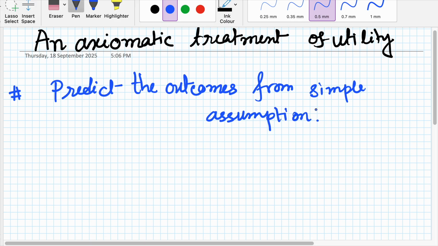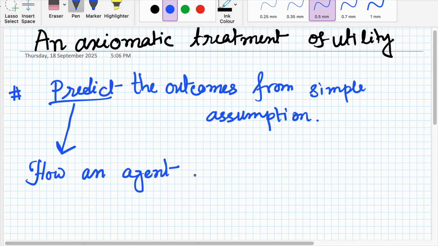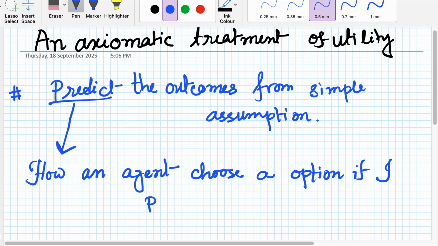And what do I mean by prediction? Prediction is nothing but how an agent chooses an option if I present multiple options.